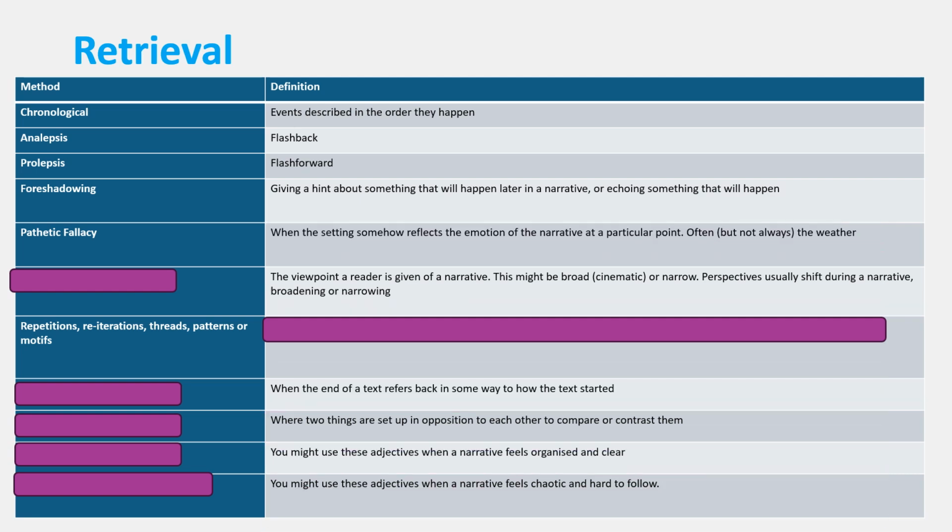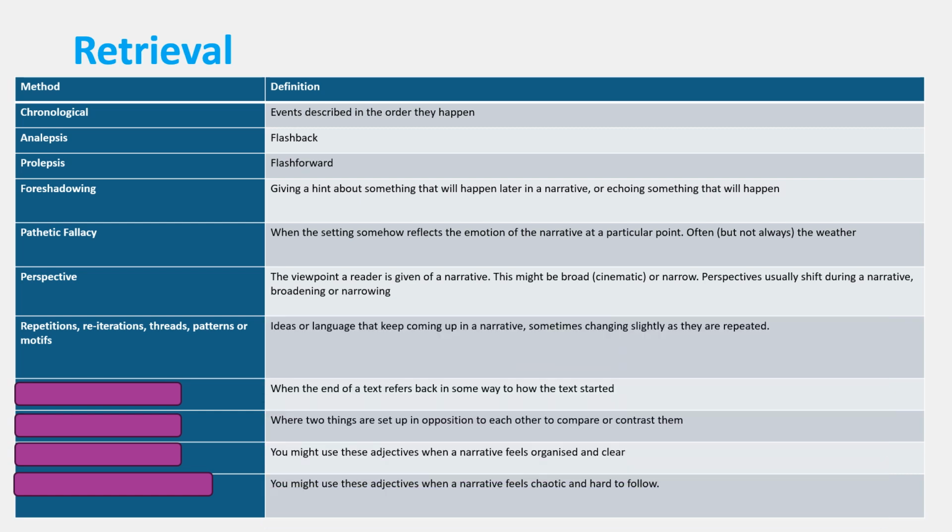Pathetic fallacy, where the setting reflects what is going on, often the weather, but please remember it's not always the weather. We have perspective. We talked a lot in the Rosabelle extract about these thematic threads and motifs. We've got circularity or circular structure or a circular narrative.